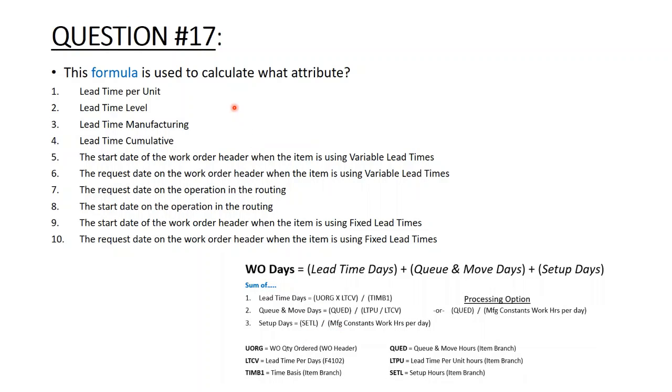This formula is used to calculate which attribute? Correct. It's used to calculate the start date of the work order header when the item is using variable lead time.